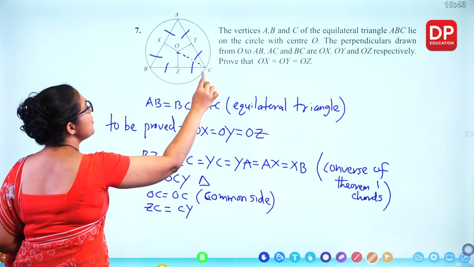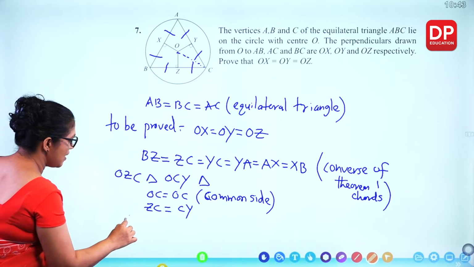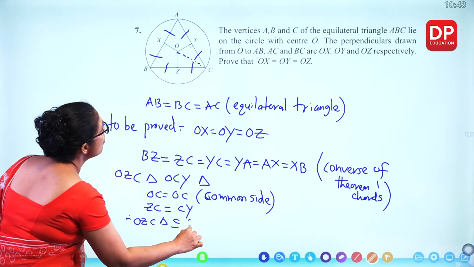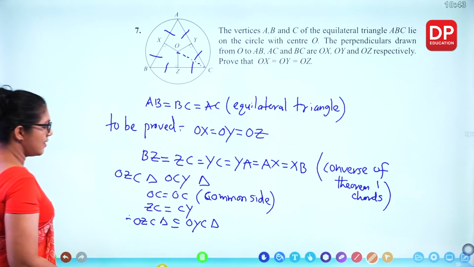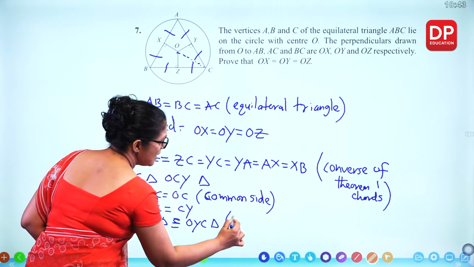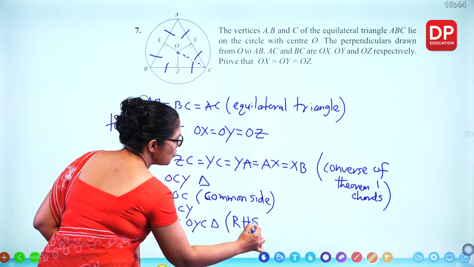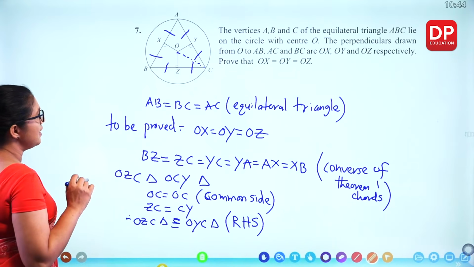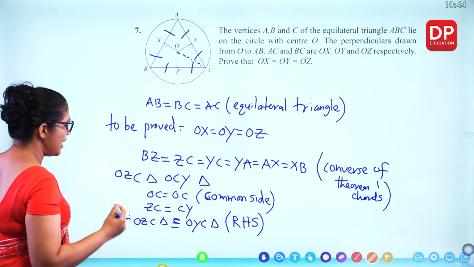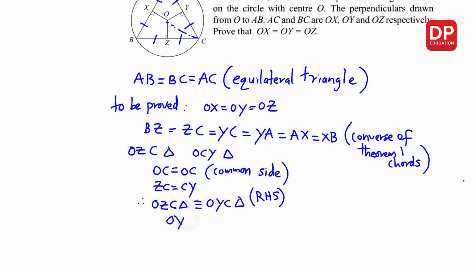So here hypotenuse and one side equal means we can say OZC triangle is congruent to OYC. So congruent triangles, because what's the reason? Right angle triangle, hypotenuse and one side. If these two are equal, the corresponding elements are also equal. So I can write OY is equal to OC. Corresponding elements.